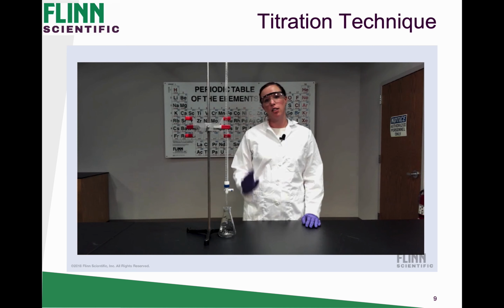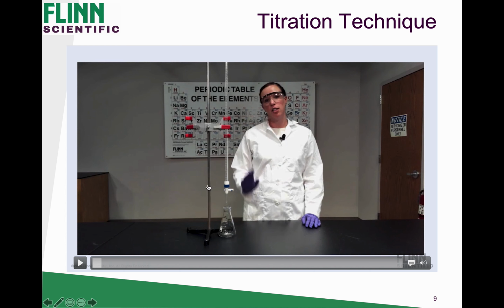Once again, you see a setup that is just like what I showed you in your notes. You have that ring stand, you have your clamp, you have your burette. There we see the valve on the burette, and our Erlenmeyer flask that contains our acetic acid and our indicator.